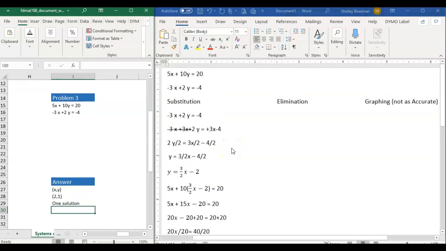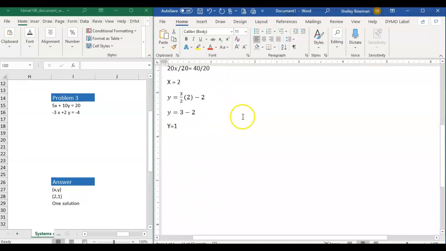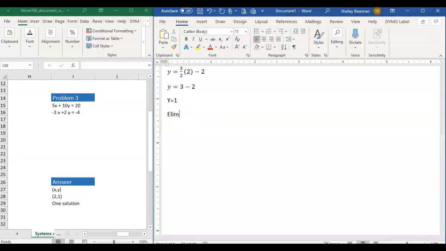Now this was the substitution method, and I really like the elimination. So I'm going to copy and paste these and just go rogue for a minute if you want to follow the next part, which is the elimination. Control V to paste those in. All right, so the elimination method is where I'm going to add both of these equations together, adding the x's, adding the y's, adding the term without any variables.